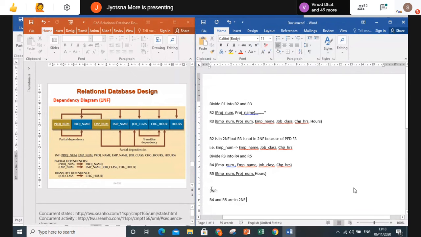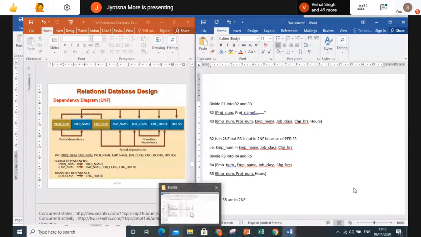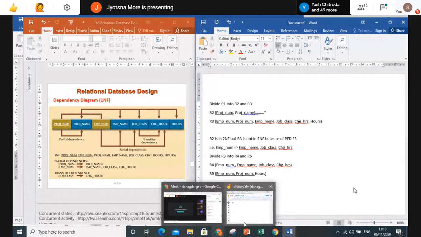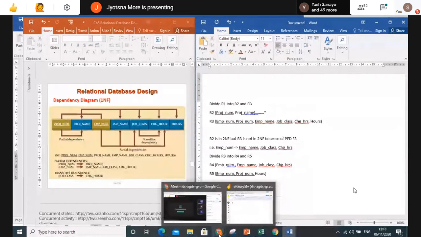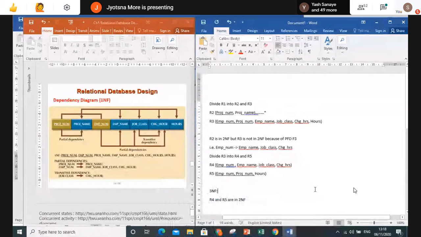First, going for 3NF, we have to check whether the relations are in 2NF or not. R4 and R5 are in 2NF, but R4 is not in 3NF.